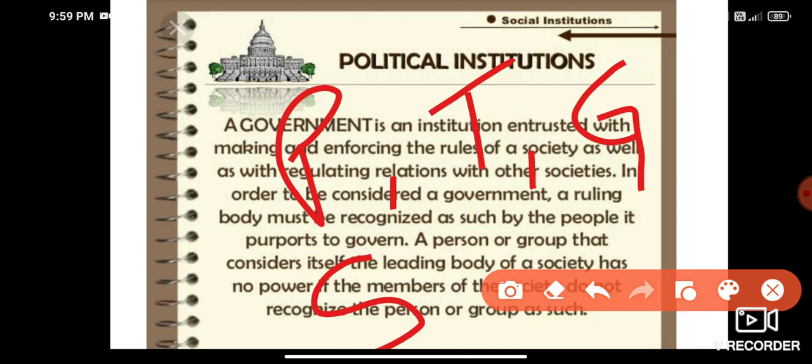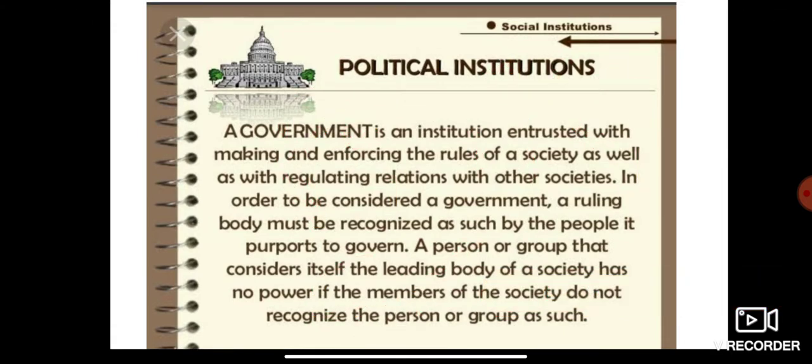So these are the four essential pillars or elements on which a state stands. I repeat: population, territory, government, sovereignty. Please remember that one. A government is an institution that is entrusted with making and enforcing the rules of a society, as well as with regulating relations with other societies.